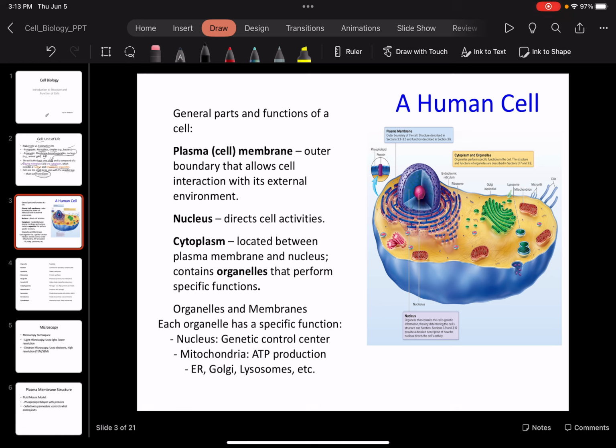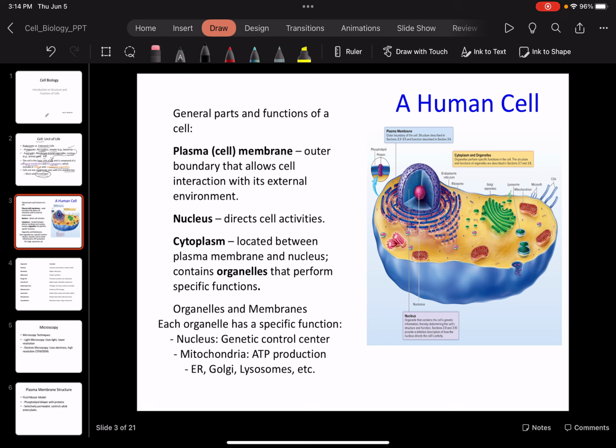Based on the cells, the structure changes and their functions change. Organelles inside the cell change. Even in human cells, some cells have more mitochondria than other cells. Some of them don't have a nucleus. All these things we're going to see throughout this anatomy and physiology course.